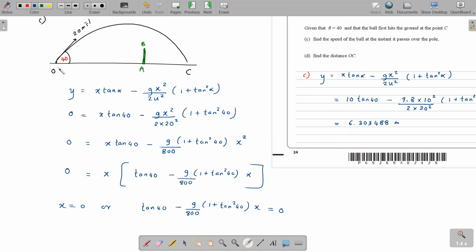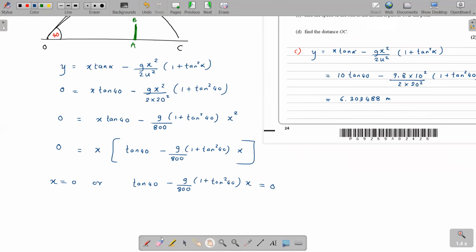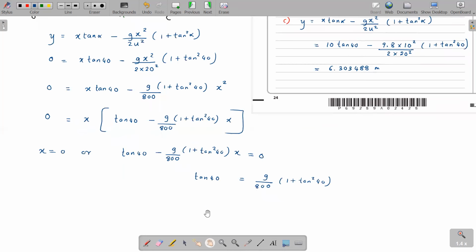Either this factor is 0 or that factor. Anyway, you understand when x is 0, y is 0, that is the beginning. So the value you want should be definitely at this point. So tan 40 equals, minus becomes plus, right? So I get g over 800 into 1 plus tan squared 40. When I make x the subject, I get 800 times tan 40 over g times 1 plus tan squared 40 equals x.